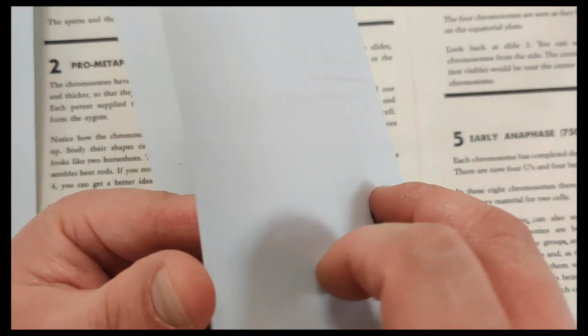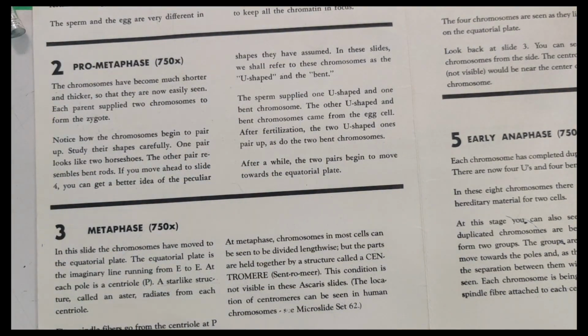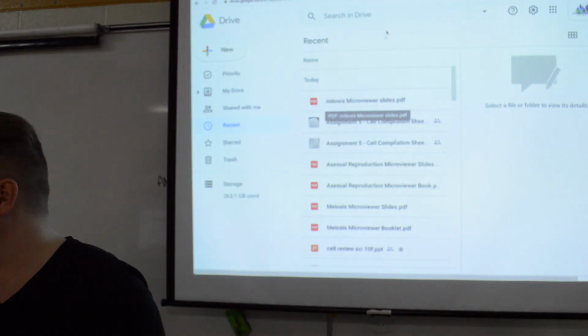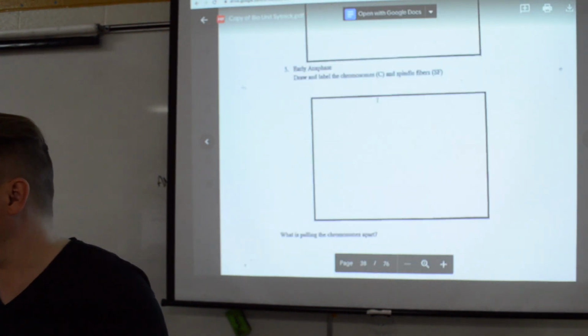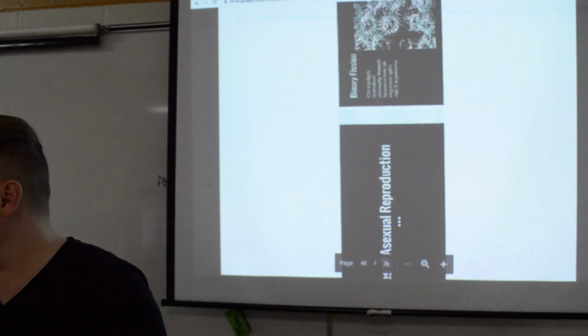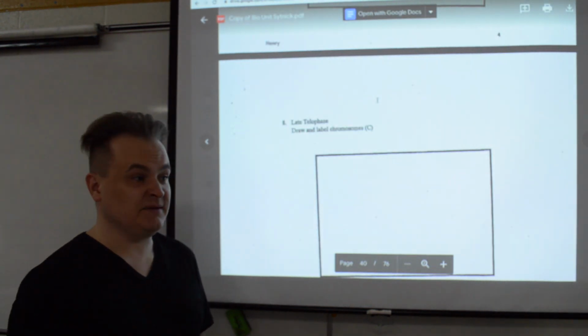So there's quite a few pages. This might take you a couple days to do, so don't worry about it. But once you finish right here and you get all your questions and drawings done, take a picture and send it to me.